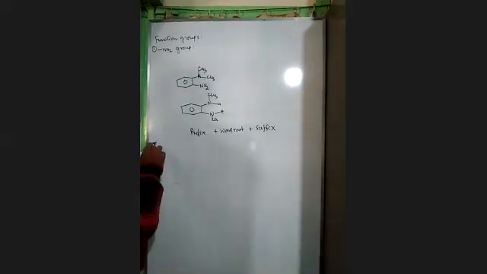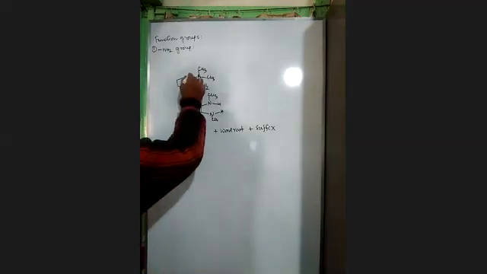So what will be the name of the first one? See here, in the first case, the methyl is on the same nitrogen. So if the methyl is on the same nitrogen, we'll write like this: N, see it is 1 and 2.